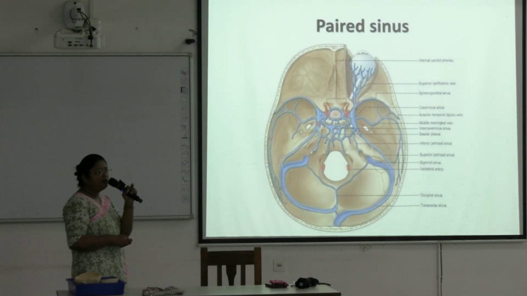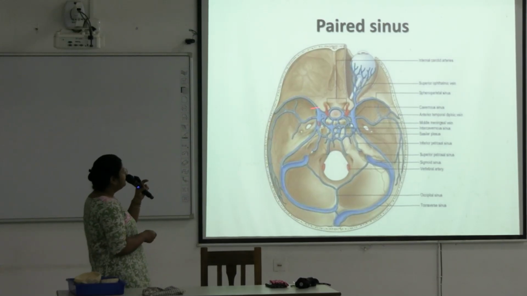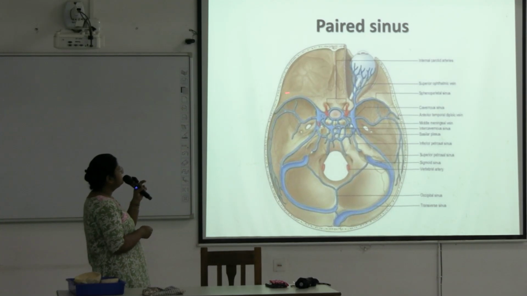You must have seen the carotid sulcus on the two sides of the body of the sphenoid, and the two cavernous sinuses are connected via intercavernous sinuses, anterior and posterior intercavernous sinuses. This is the sphenoparietal sinus. Sphenoparietal sinus is lying along the posterior margin of the lesser wing.